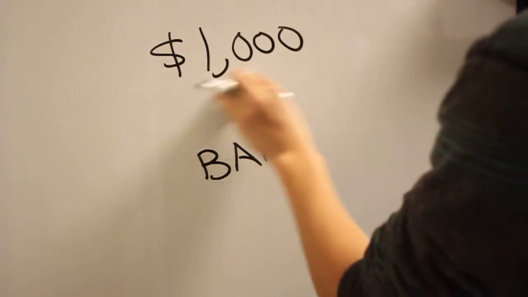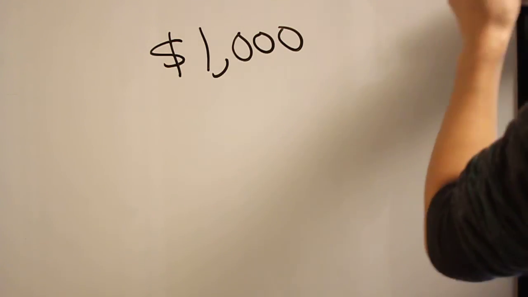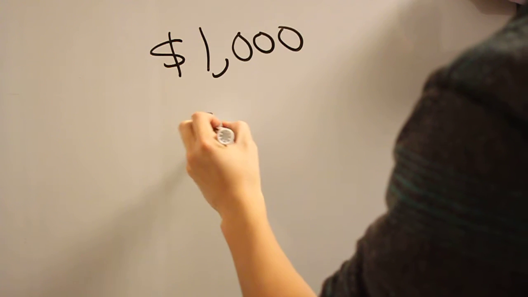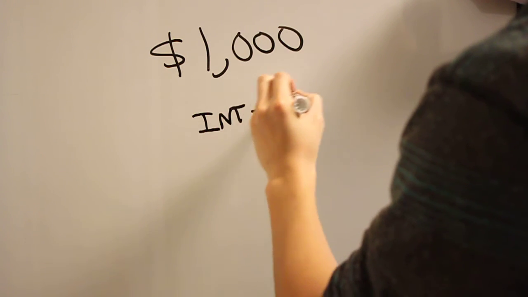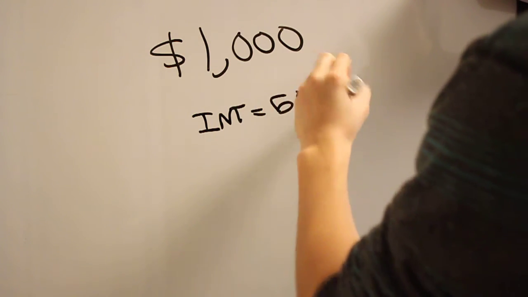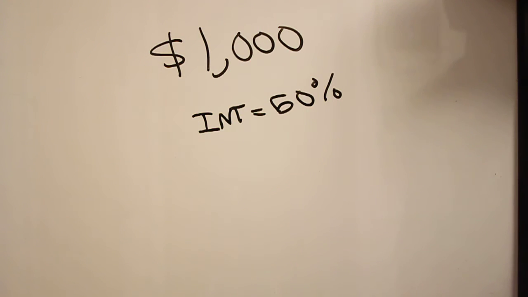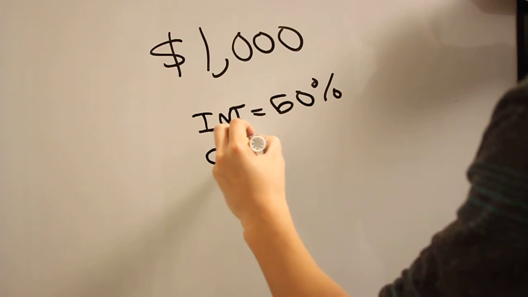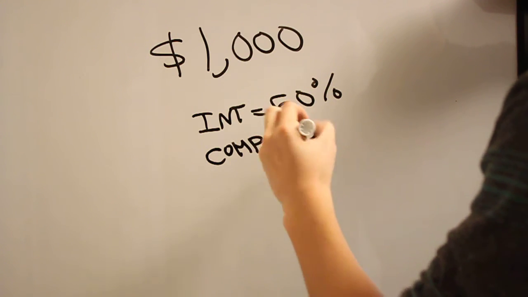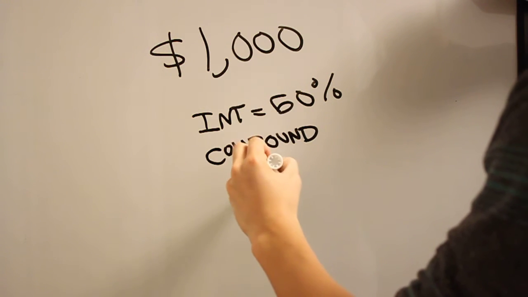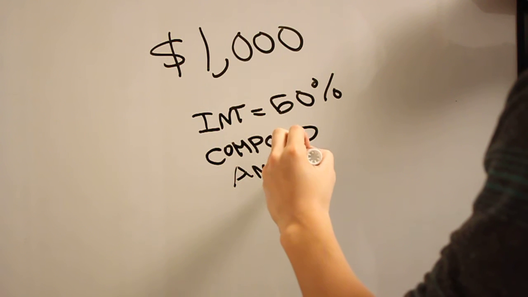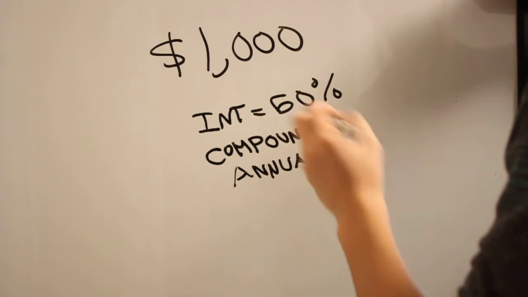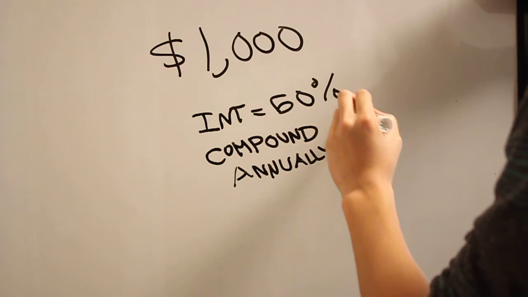So let's give a simple example. Let's say you have an interest value of 50%. So the bank tells you, okay, our interest rate is 50% and we're going to compound it annually, which means that your period, like we said, is 1 year.